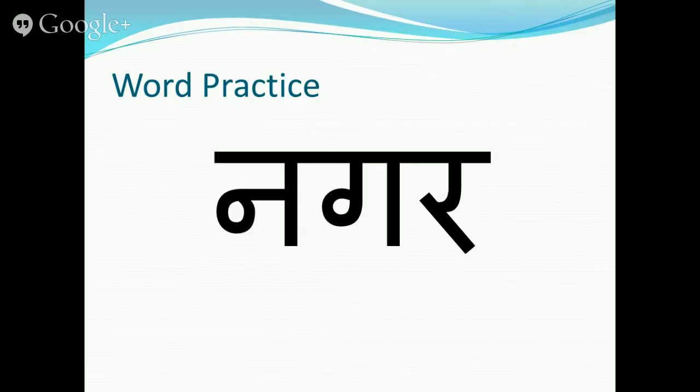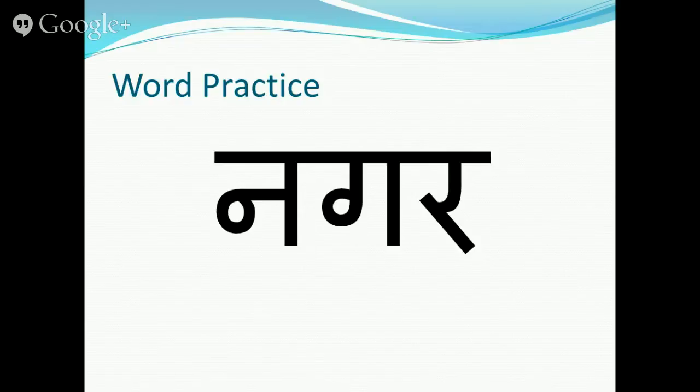This is na followed by ga followed by ra. Nagar, nagar.